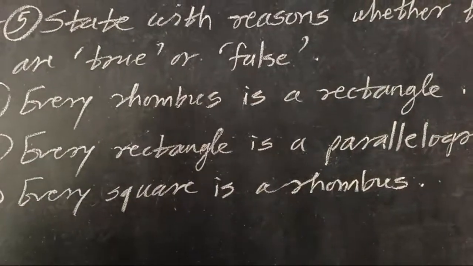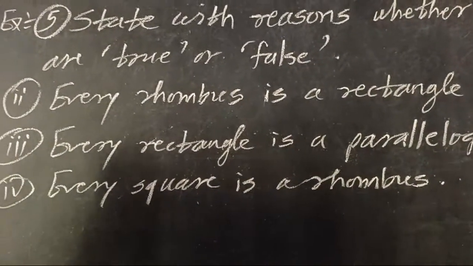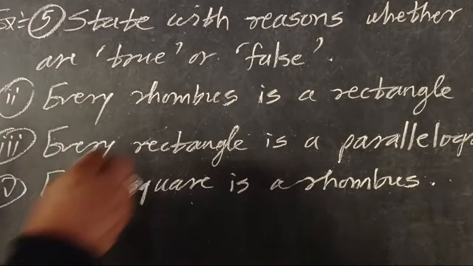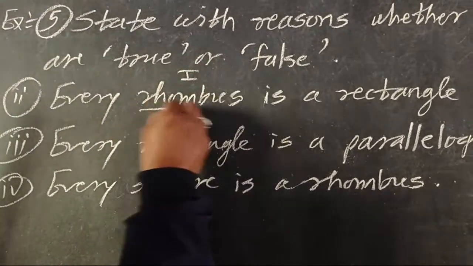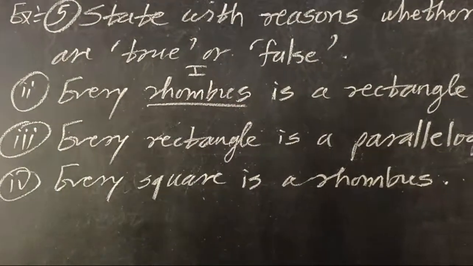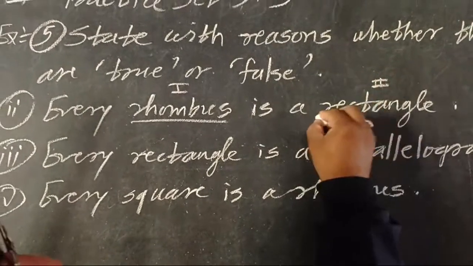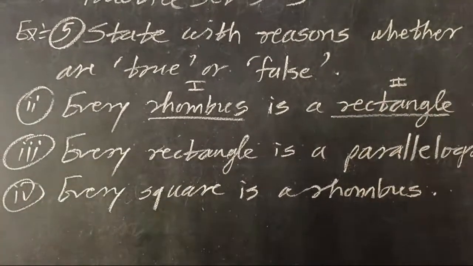First quadrilateral is rhombus. Correct. Second quadrilateral, rectangle. What is the property?